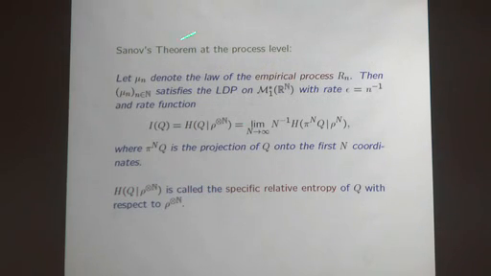And here's a theorem. It's Sanov's theorem at the process level, and I believe that the very first people who wrote this down were Donsker and Varadhan.